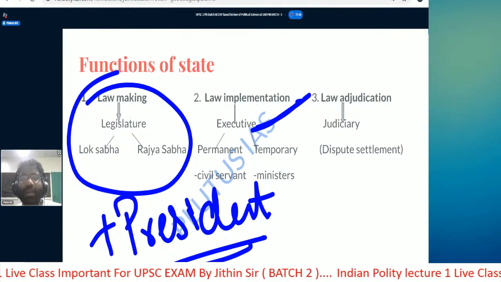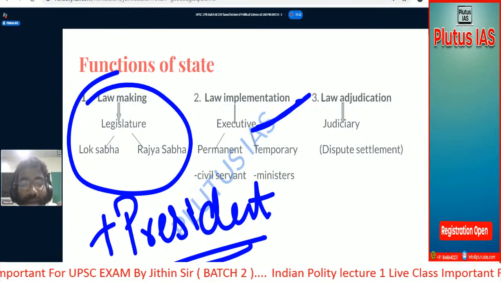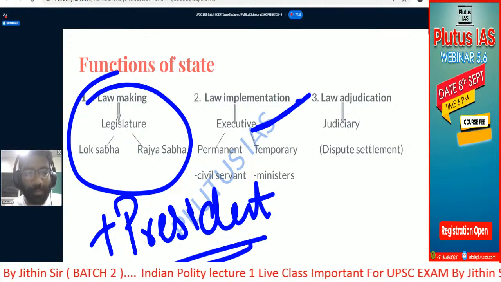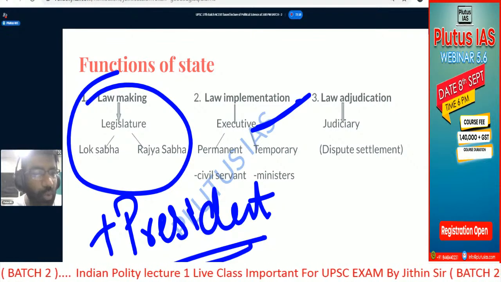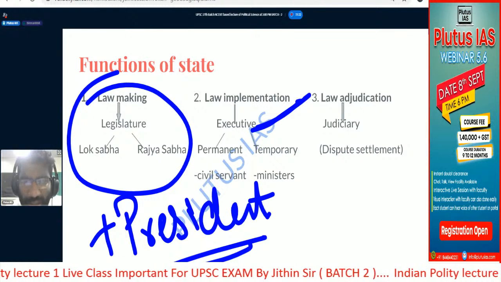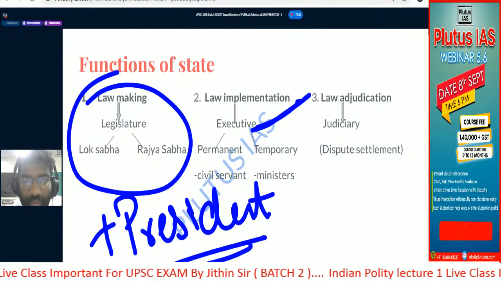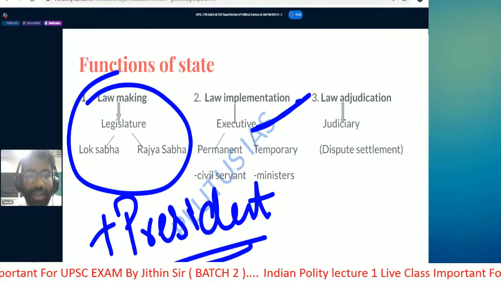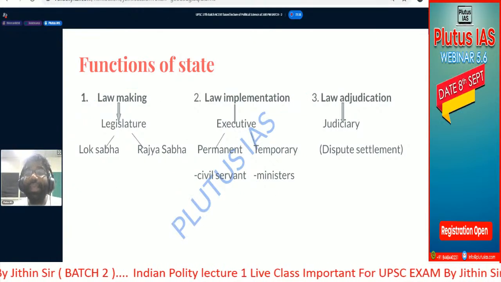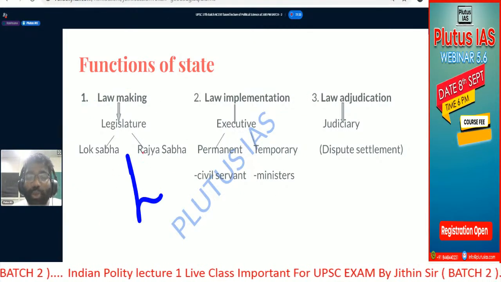Whatever law has been made should be implemented. Who will implement the law, Ruxana? The executive. Sir, the ministers. Yeah, ministers and civil servants. The law will be implemented by the executive.